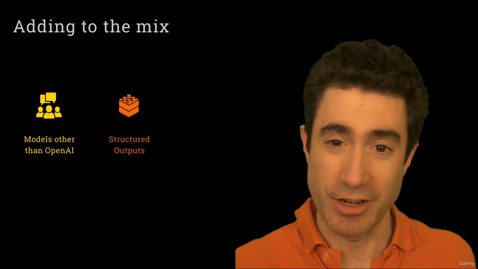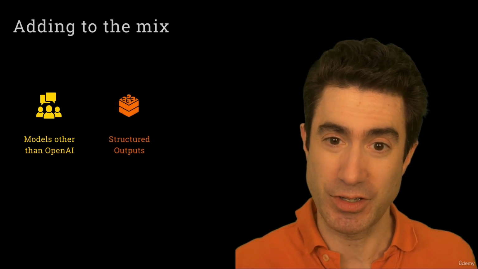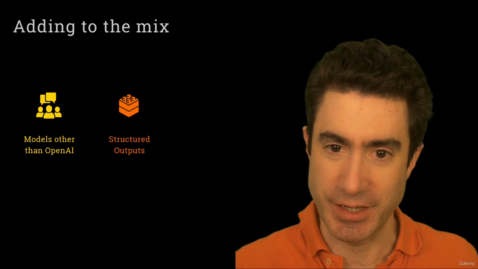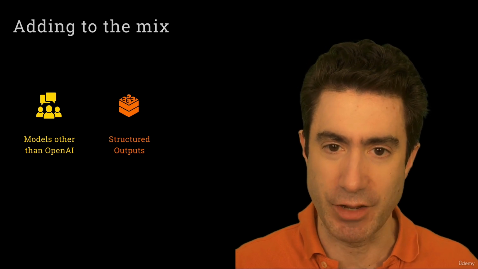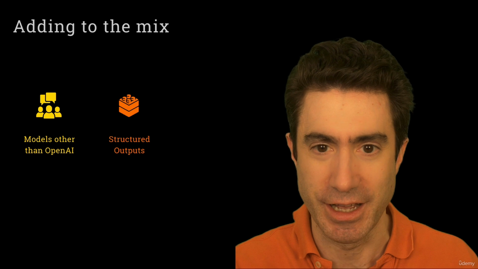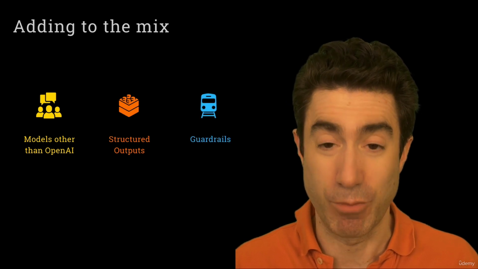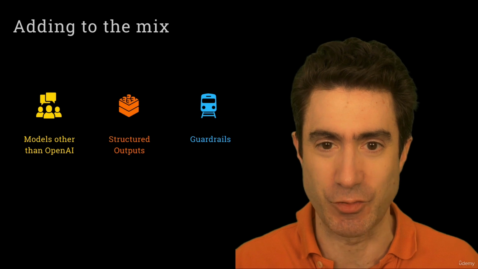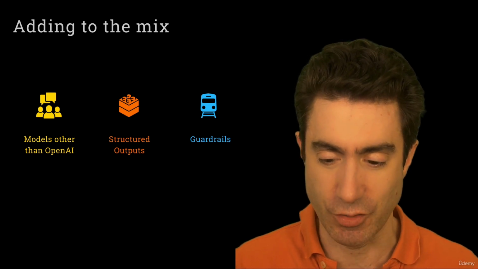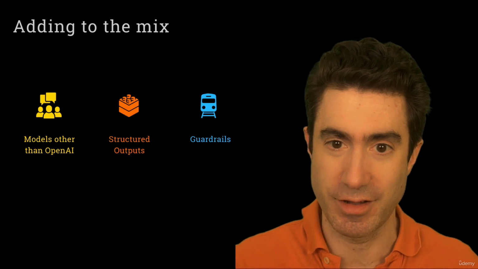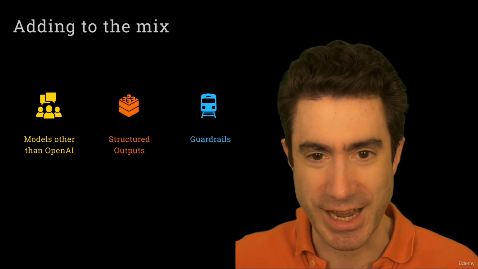We're also going to look at structured outputs, the way that we can require an agent not to respond just with text, but to populate some kind of an object where we can specify the fields that are going to get populated. And then we're going to look importantly at guardrails, which are an approach to making sure that we have some controls over the information that comes in to our agent setup and what comes out.